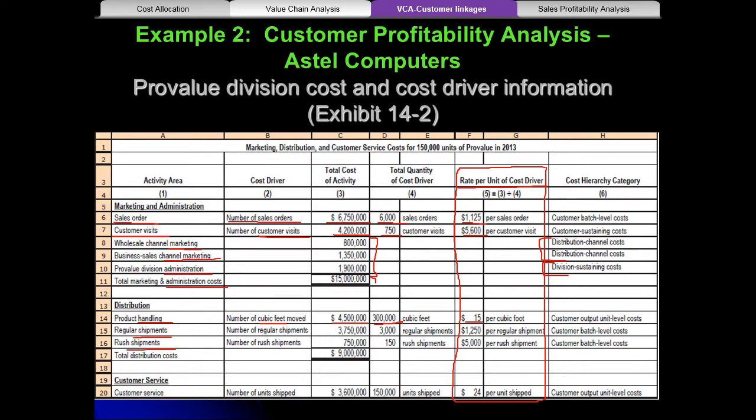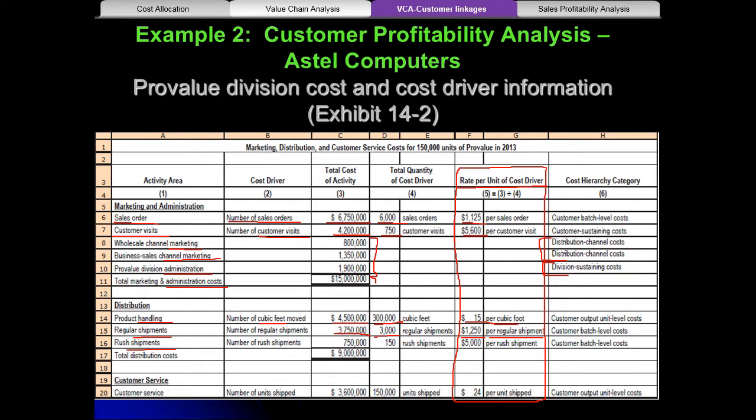And so our cost driver, the rate per unit of cost driver, is $15 per cubic foot. What about regular shipments? We have total costs of shipping, $3,750,000, so that's $3.75 million. 3,000 regular shipments, so we've got $1,250 per regular shipment.